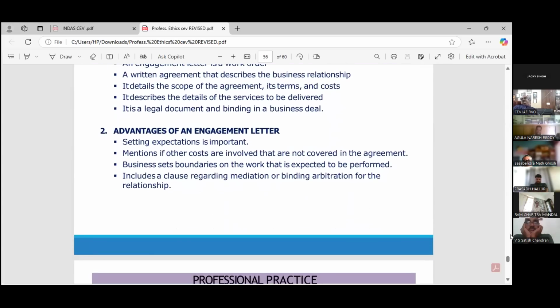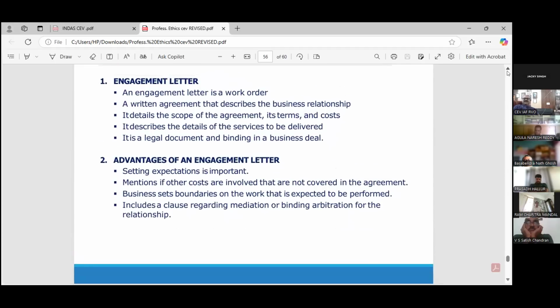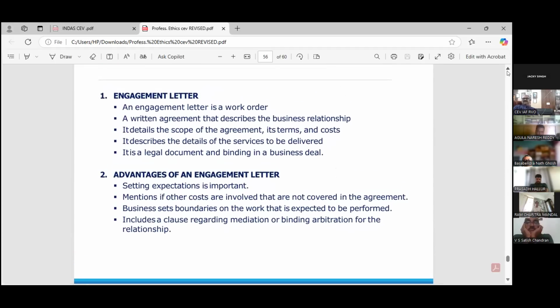The common question for all the participants: has anyone got an appointment letter before starting the work? Mr. Maiti, Mr. Ghosh, Mr. Murthy, Mr. Deshpande, Mr. Chandran, are you taking an appointment letter or engagement letter or work agreement before starting work?